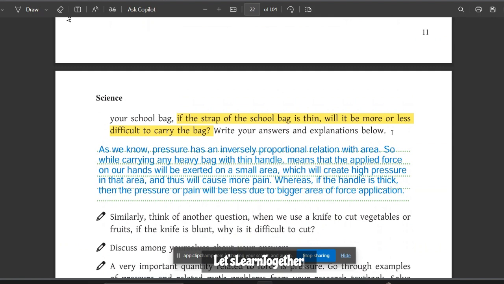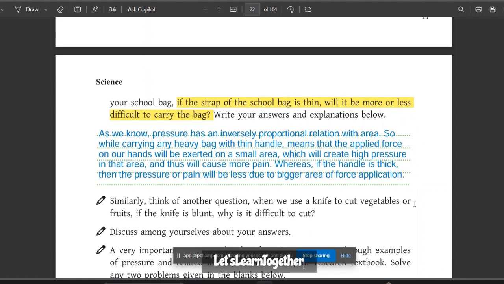That means if the handle is thin, its area is less, right? So it will create more pressure in our hand in that specific area, which will cause more pain. But if it is a thick strap, then the pain will be less, because the applied pressure would be less because of the more area, right? So this is written here.